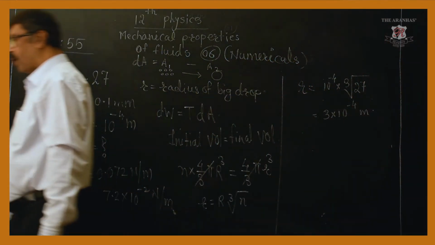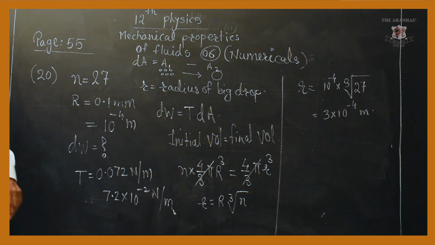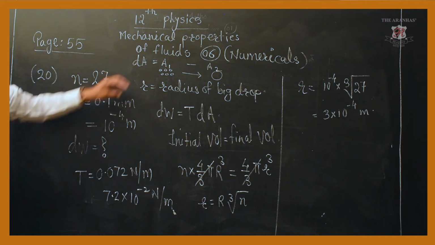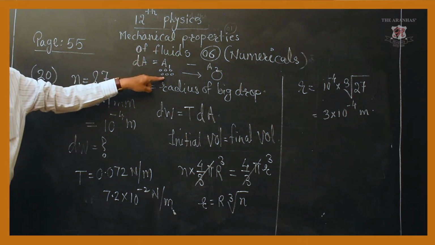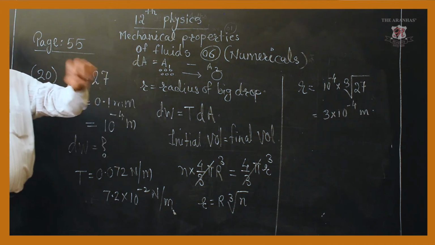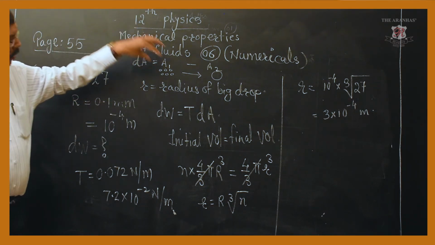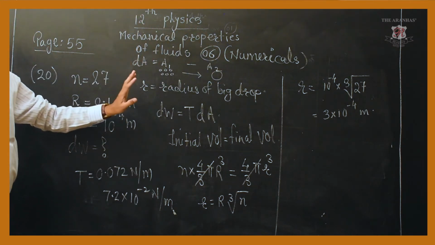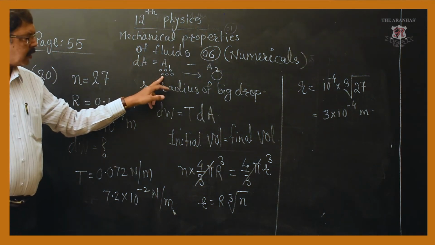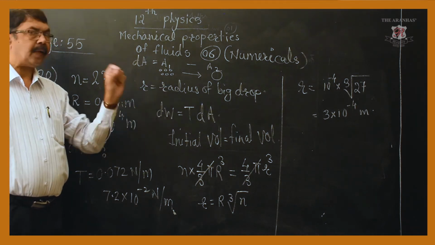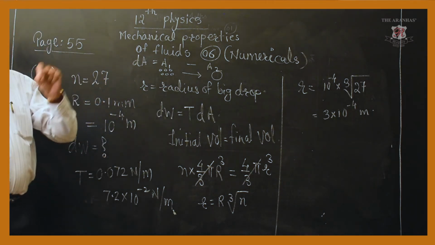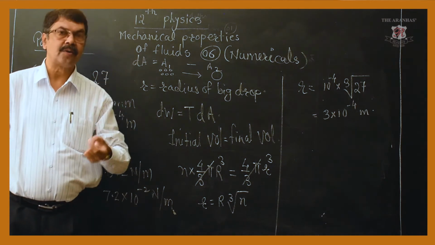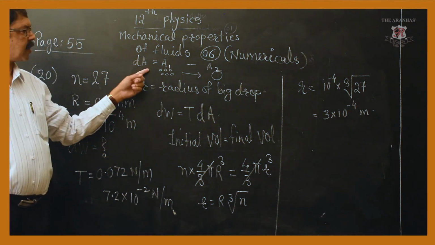Check whether you have followed this particular procedure. What is the argument? We have not added any water, neither have we removed any water. So the initial volume of water must be equal to the final volume of water. What is the volume of an individual droplet? 4/3 pi r cube, considering it to be a sphere. How many drops are there?